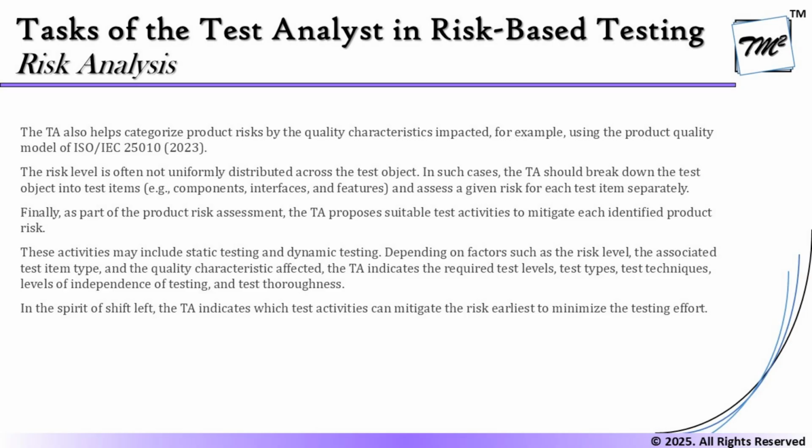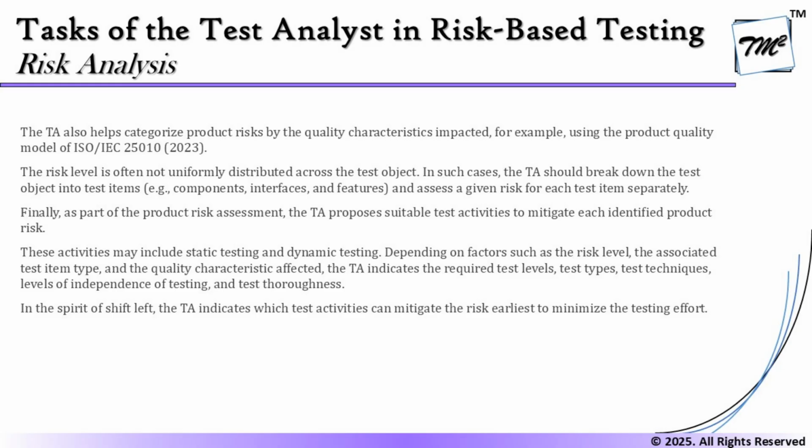Risk can be mitigated by conducting a test level, using a test technique, a proportional amount of testing, or all of the things we have in testing. One of these activities becomes our mitigation action, and that is what the test analyst proposes. Finally, in the spirit of shift left, the test analyst indicates which test activities can mitigate the risk earliest to minimize the testing effort.